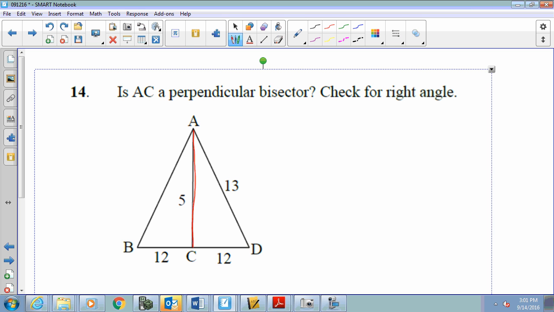Sometimes you're given all the sides of a triangle and you can use that formula to determine if it is a right triangle or if there is a right angle. So if I have the sides 5, 12, and 13, I want to think to myself, is there a right angle? So is this a right angle?